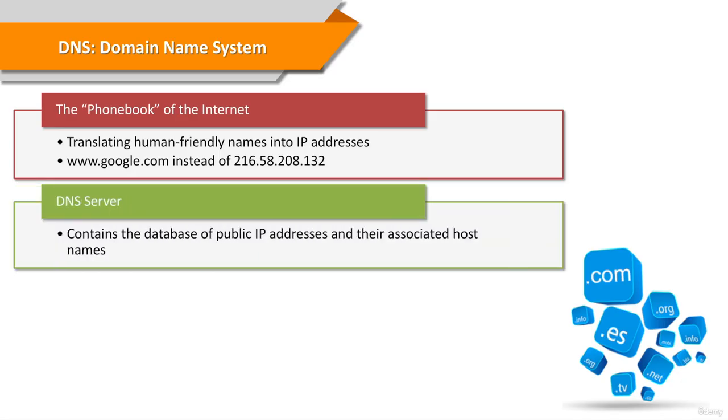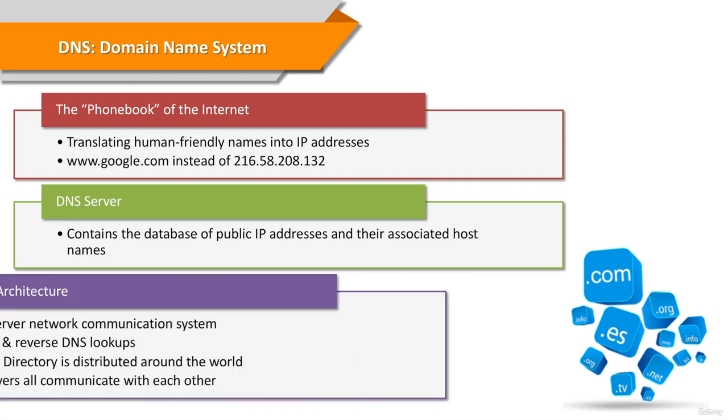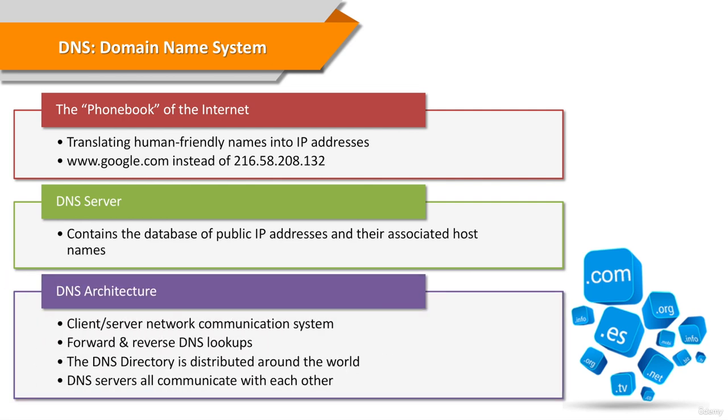A DNS server is a computer server which contains a database of public IP addresses and their associated host names. It translates those common names to IP addresses as requested. DNS servers run special software and communicate with each other using special protocols. DNS is a client-server network communication system.